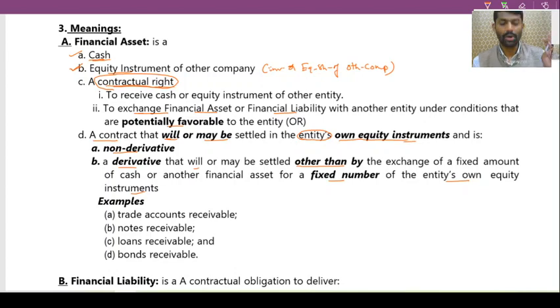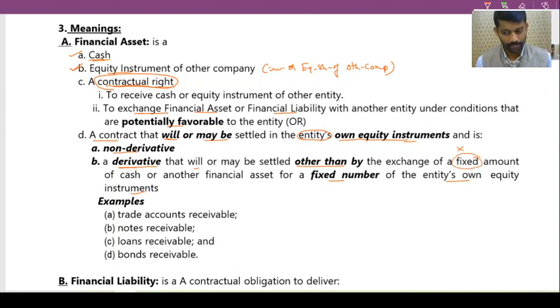So it is either a non-derivative or a derivative that will or may be settled other than by way of exchange of a fixed amount of cash or financial asset. That means the derivative concept is what, my dear friends? Value cannot be determined, correct? Yes. So therefore they are using the words a derivative that will or may be settled other than by way of a fixed amount of cash or financial asset.